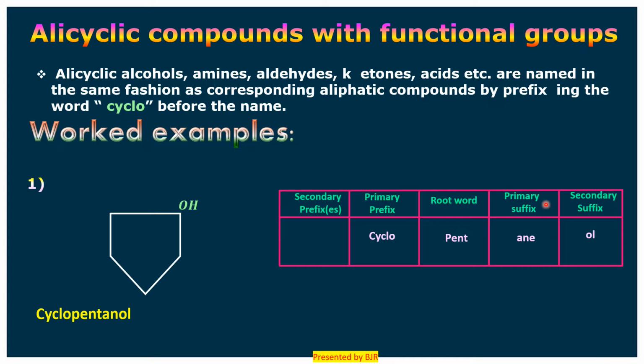So here the terminal e of the primary suffix ane is followed by the suffix beginning with o. For that reason, e has been dropped from this primary suffix ane. So the name of this alicyclic compound is cyclopentanol.